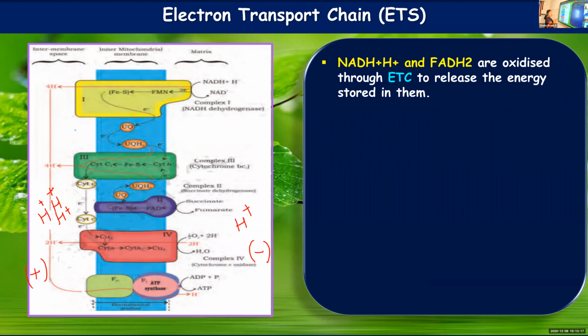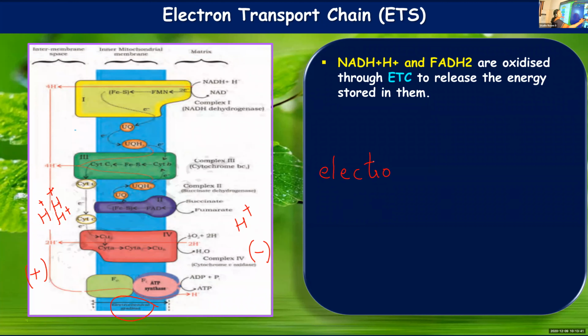So there is a difference in the charges, as well as the concentration of protons on either side, in the intermembrane space and in the matrix. This will result in the creation of an electrochemical gradient, proton gradient.